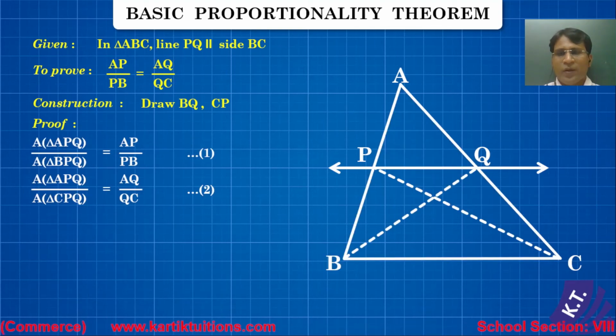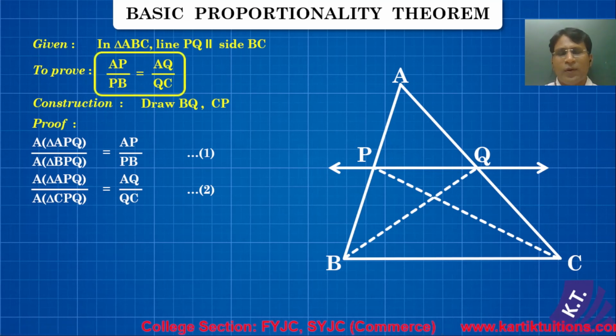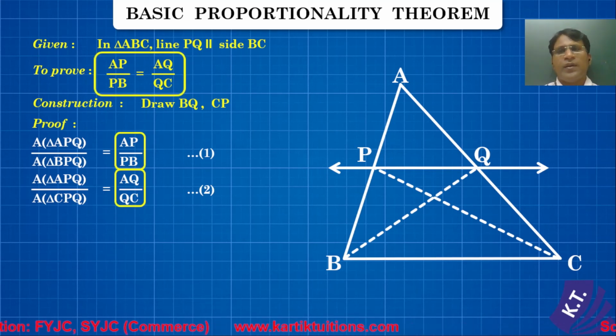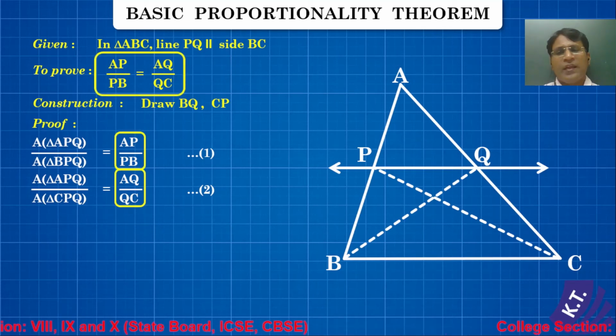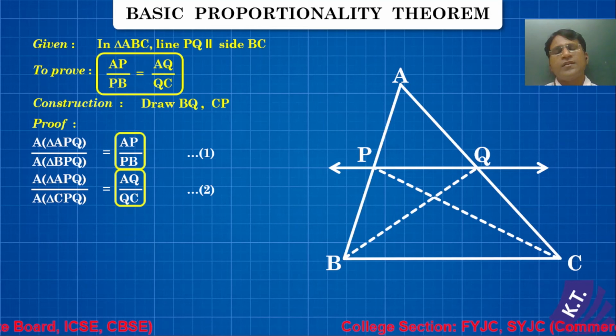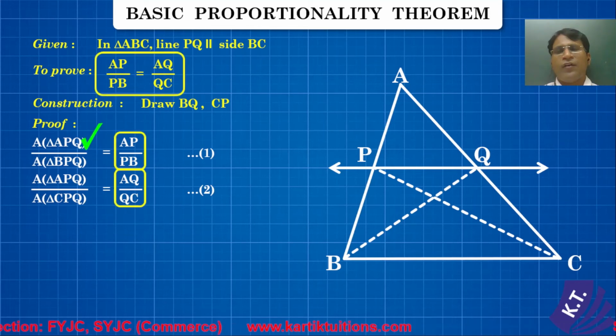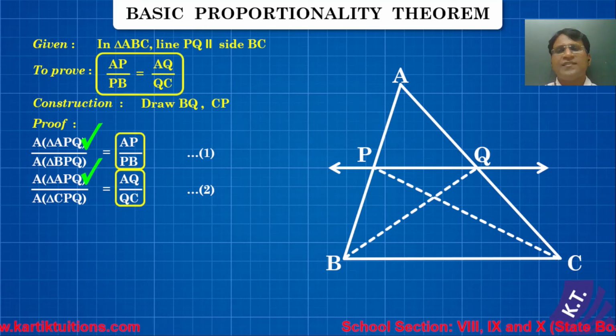Now let's see. Observe equations 1 and 2. We have got the two ratios on the right hand side, and now we need to prove them equal, because that is our theorem, that AP upon PB has to be equal to AQ upon QC. Now for that we need to prove the left hand sides of both equations equal. So let us see what we have. If you observe the left hand side, the numerator of both the ratios is the same.